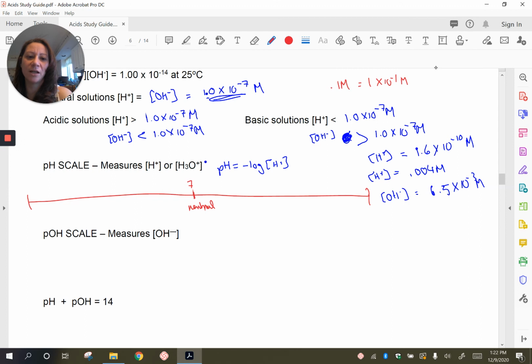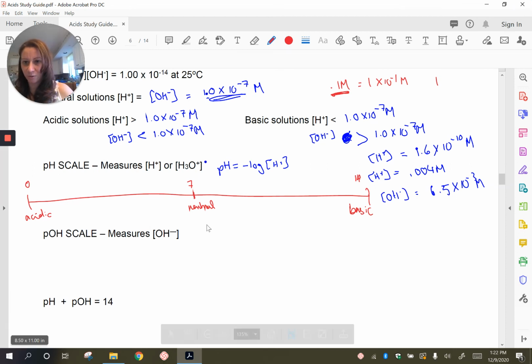And so negative log of that number would be 1. That's pretty acidic, right? That's a pretty high concentration of H plus. So if you have low numbers, this is acidic. If you have high numbers, this is basic. And so the lower the number, the more acidic it is. The higher the number, the more basic it is, with 7 being in the middle.